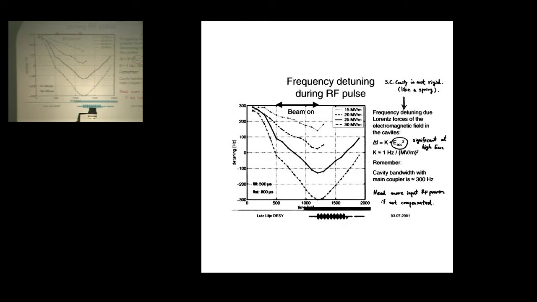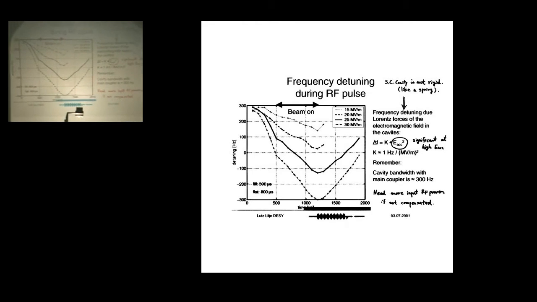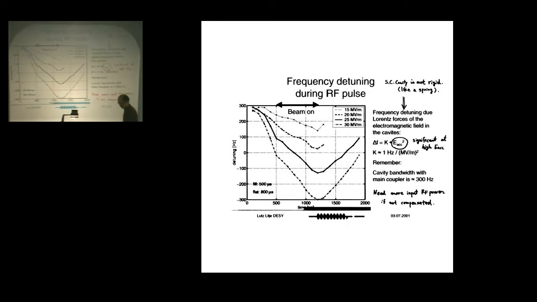So to compensate this detuning by only using the RF input power, you need to have a big overhead for the RF source. So probably it's okay for the Tesla 500, but if you go to 800, you need to compensate this.